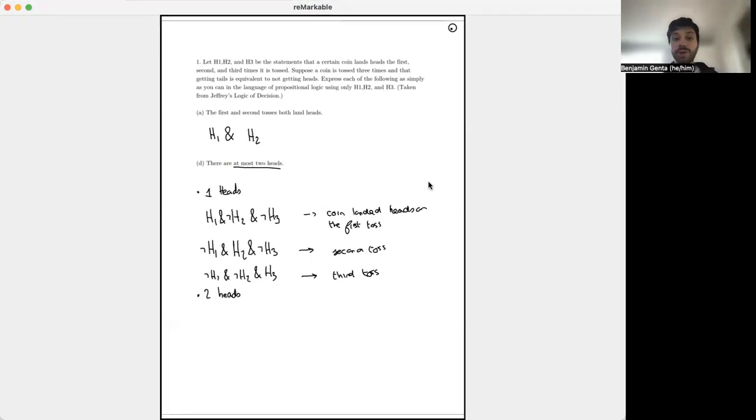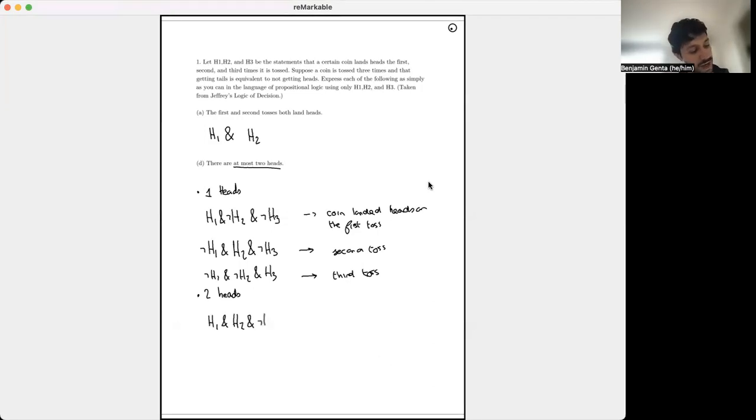Okay, but we're not done with the statement of there are at most 2 heads. We just considered the case where there's 1 heads, but now we could have 2 heads, right? We could have heads on the first and the second toss, so that would be H1 and H2. And we're not done here because we want exactly 2 heads, right?